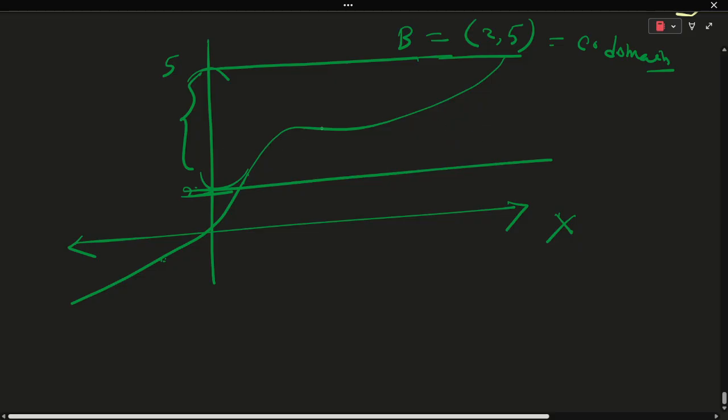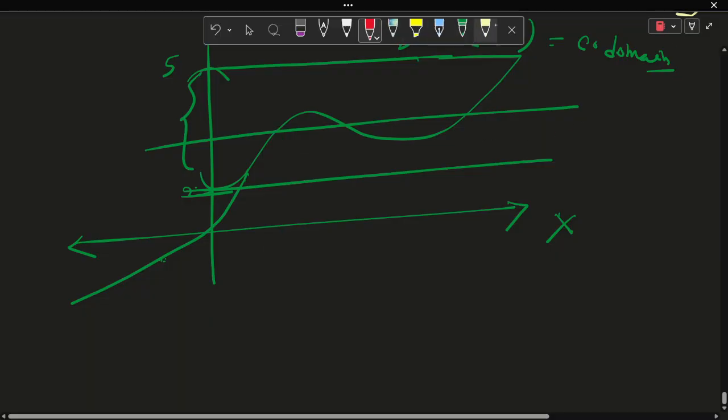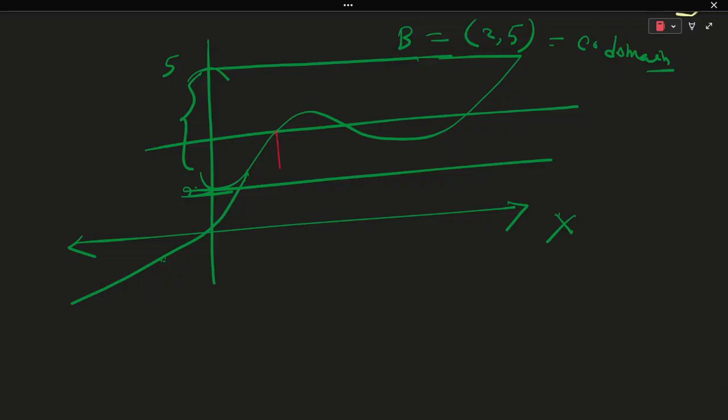You see one point a1, then a2, and a3. It is not one-one.